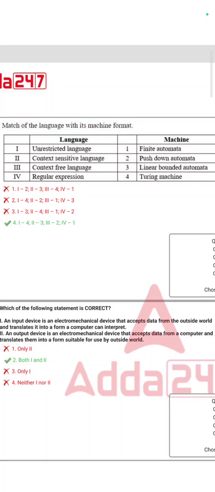Context sensitive language, type 1: linear bounded automata. Context free language: pushdown automata. Regular expression: finite automata.